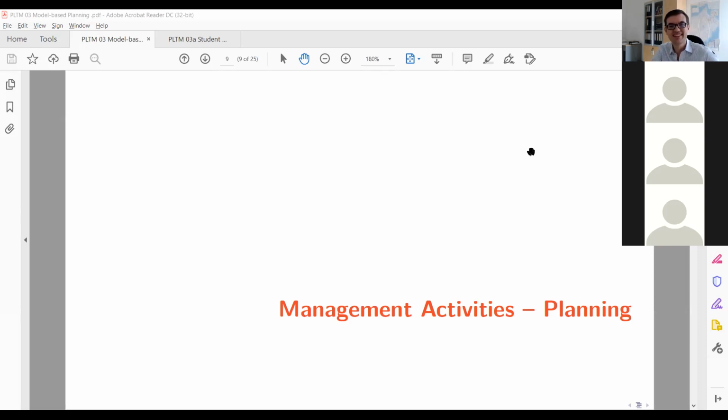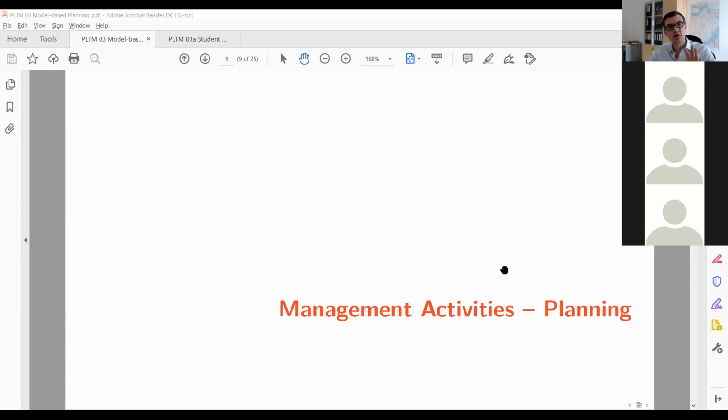Very good. Organizing, yes. I need at least one more. Controlling, yes. So planning, organizing, controlling. Again, other authors, or when you have a course about management, they might include many, many more, but these are the main things.